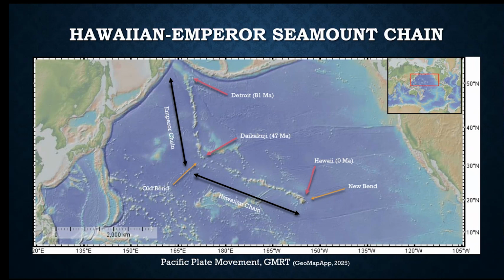Yes, and the Aleutians and the Kuriles up in the north, they're still subducting, but the net force on the Pacific plate is a combination of subduction in the west and north and the south.